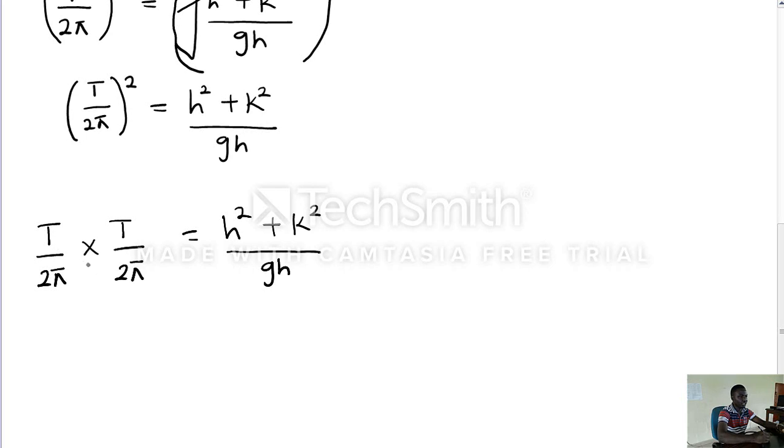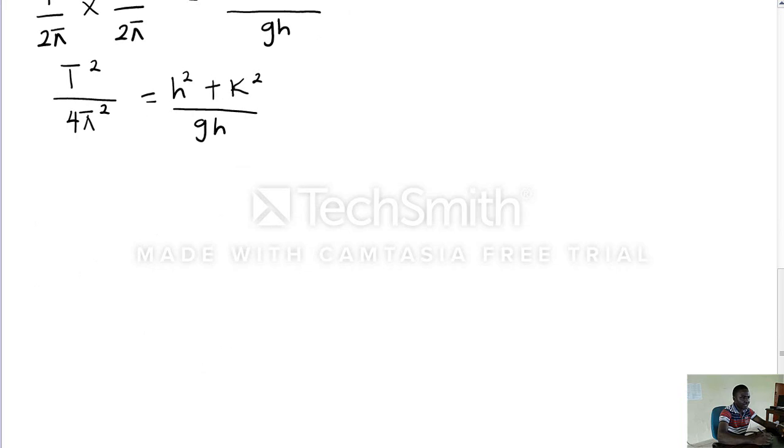When you simplify this, you are going to have t times t is going to give us t squared divided by 2 pi times 2 pi, for which 2 times 2 is 4, and pi times pi is pi squared. So I'm going to have 4 pi squared being equal to h squared plus k squared divided by gh.